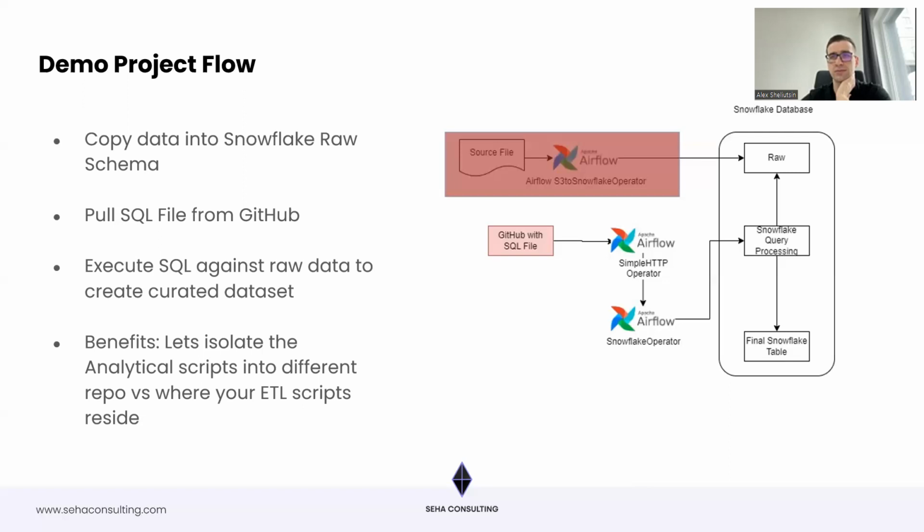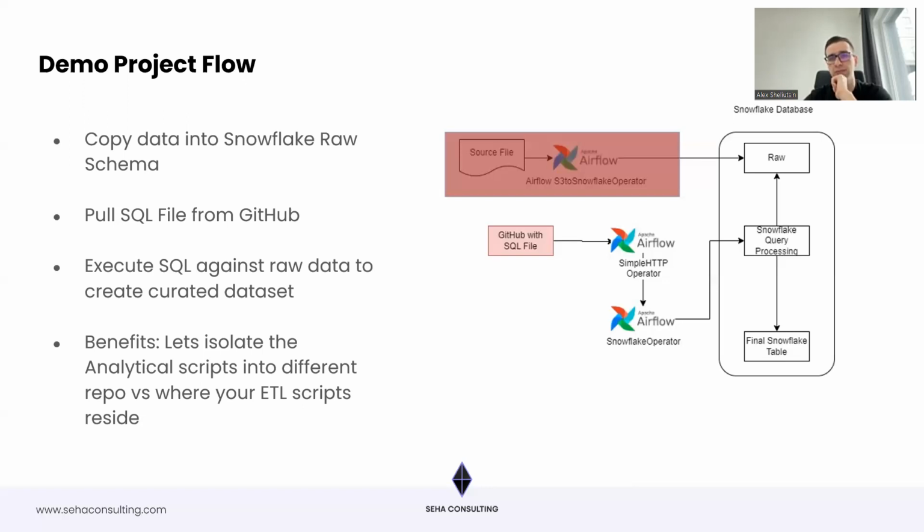Once I'm done unit testing it, I can take that SQL file, put it in my GitHub repo, do peer reviews on it, and then push it out for consumption by the SimpleHTTPOperator, and then I don't need to mess with Airflow. The Airflow pipeline can be separate from the actual data transformation that I'm doing within the SQL file that's going to live in GitHub.